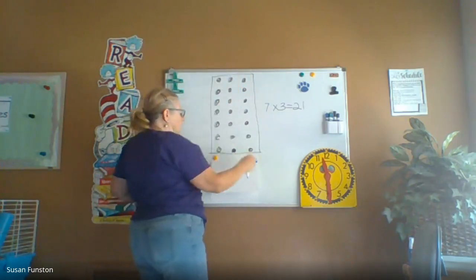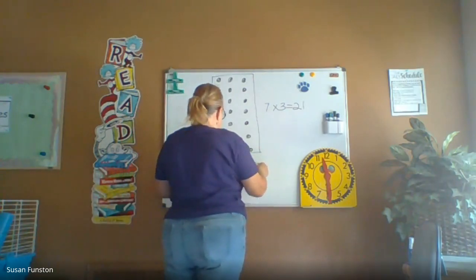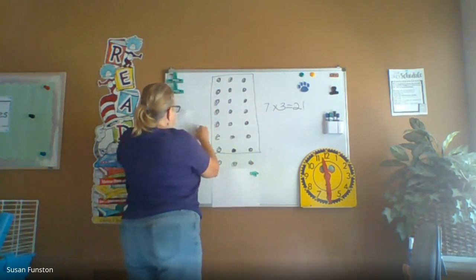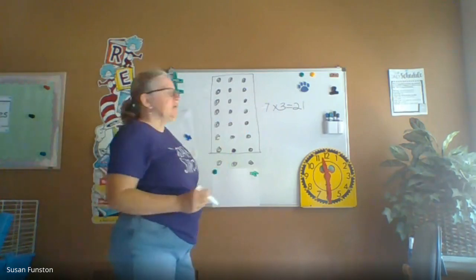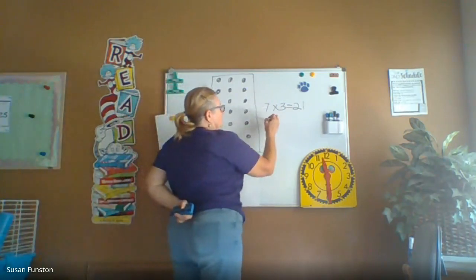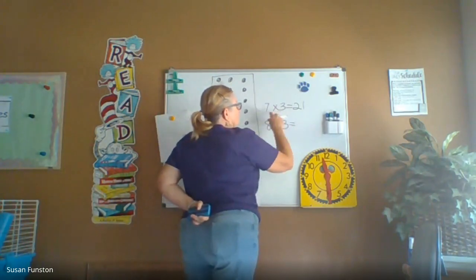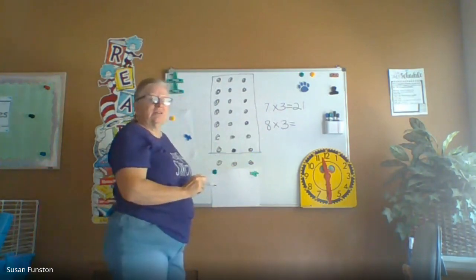1, 2, 3. What if I wanted to add one more row? Could I use what I already know to figure out what 8 times 3 is? Instead of 7 3s, I have 8 3s, so I need one more group of 3s.